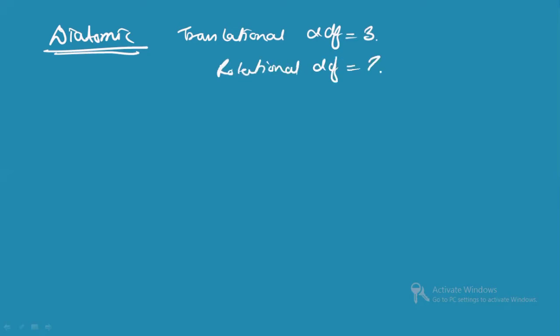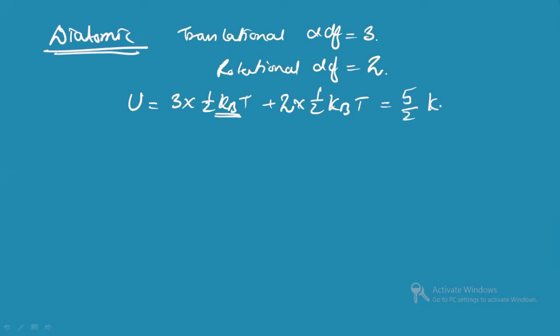The rotational degree of freedom was 2. Yes or no? So energy will be equal to what? 3 into half kBT, because half kBT energy is associated with each degree of freedom, plus 2 into half kBT. Right? So as a whole, this will be 5 by 2 kBT.